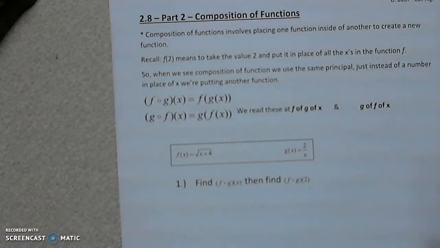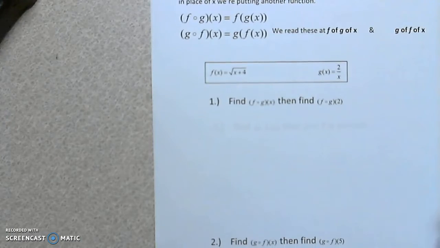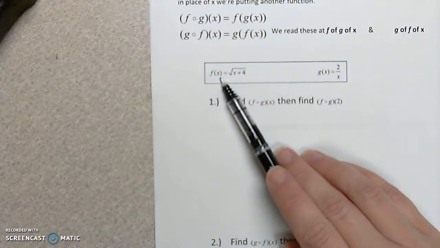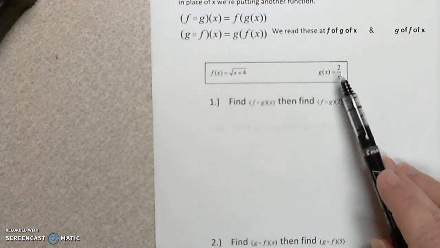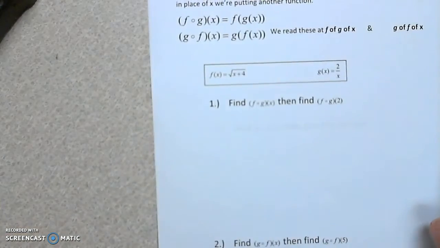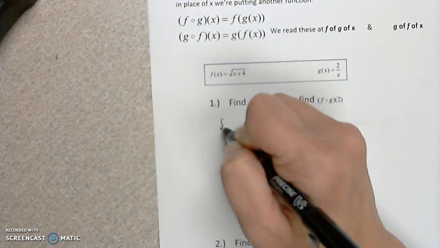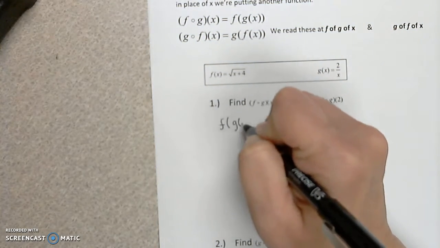Let's take a look at a couple of examples. We're given the function f is the square root of x plus 4, and the function g is 2 over x. We're asked to find f of g of x. So we can rewrite it like this, f of g of x.